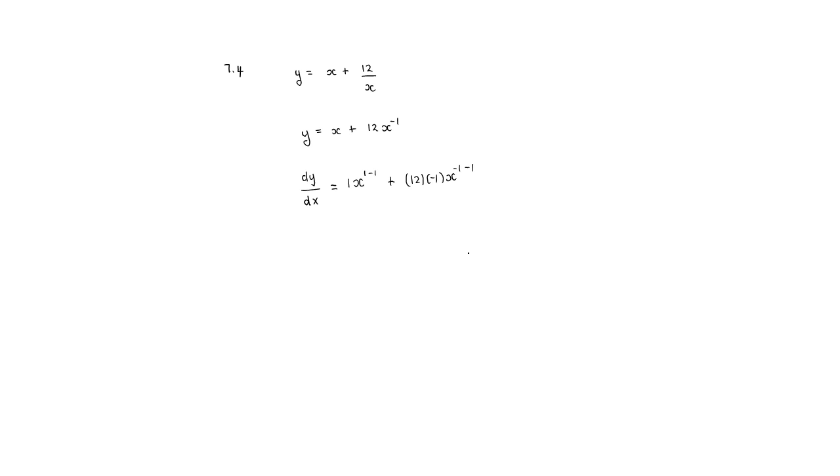So dy by dx is given by x to the 0, which is essentially 1, minus 12 times x to the exponent minus 2, and we can flatten this out. So dy by dx equals 1 minus 12 divided by x squared. That is our derivative function done.